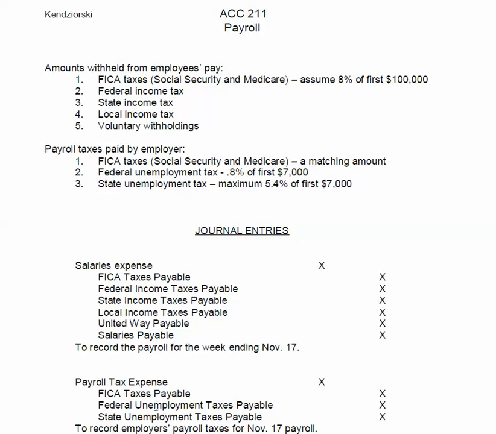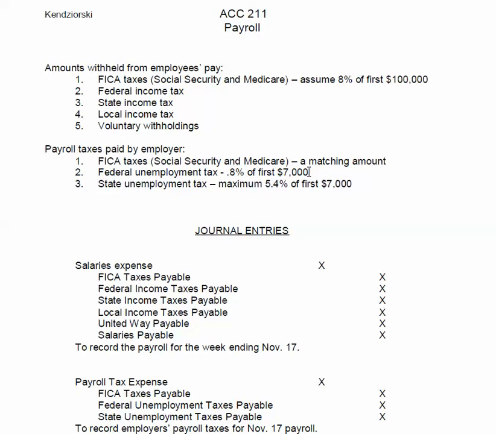The company also is responsible for paying into the 2 unemployment funds, federal and state. The rates we're going to be using for our book are 0.8% of the first $7,000 for the federal fund, and that would be the first $7,000 that each employee earns.